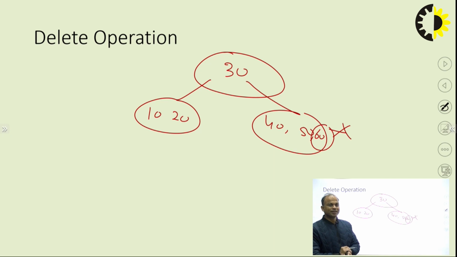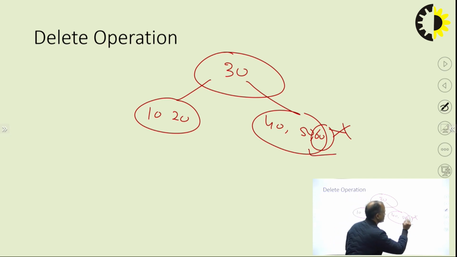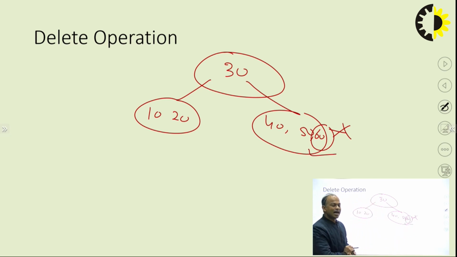Now the values will be 40 and 50. But imagine that we are not deleting 60, I mean we are keeping 60 as it is, and we want to delete 10. We want to delete this particular key here. If you see here, after deleting 10, it has only one key.